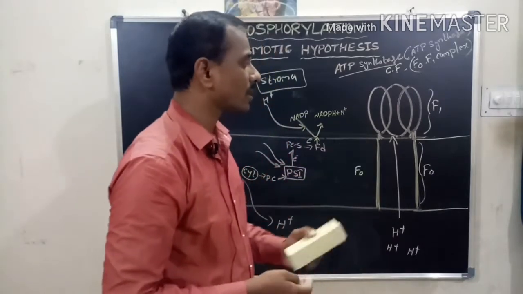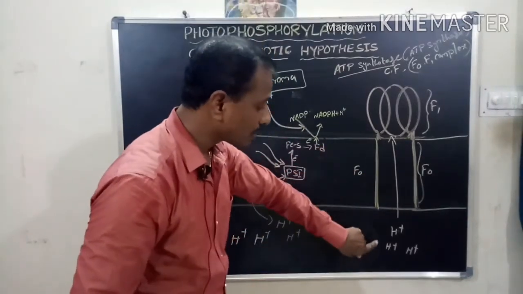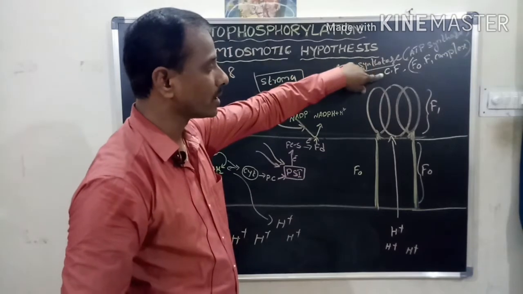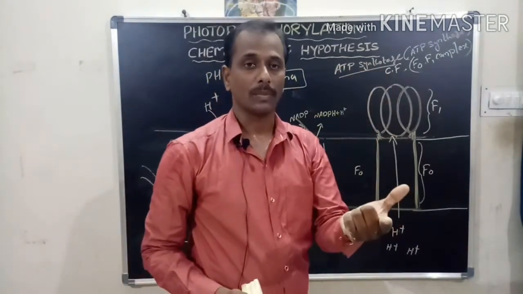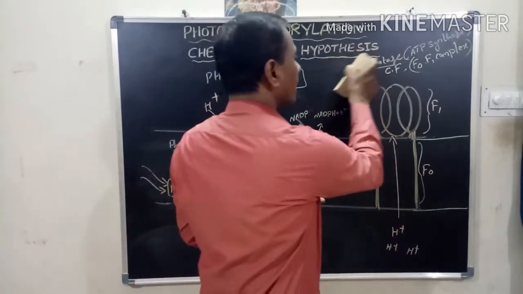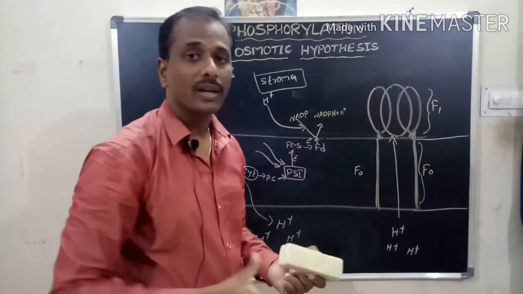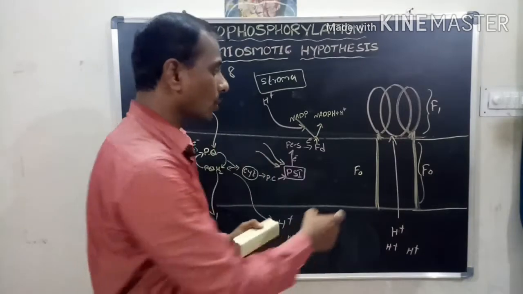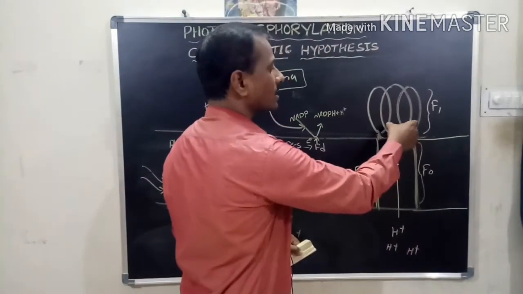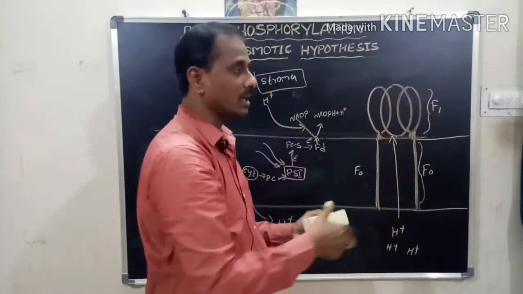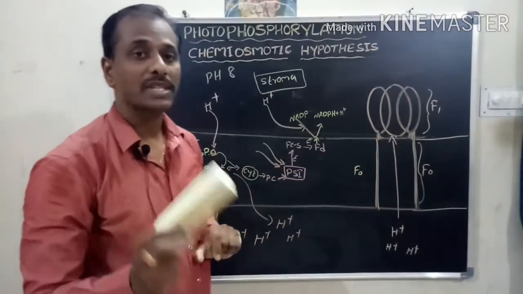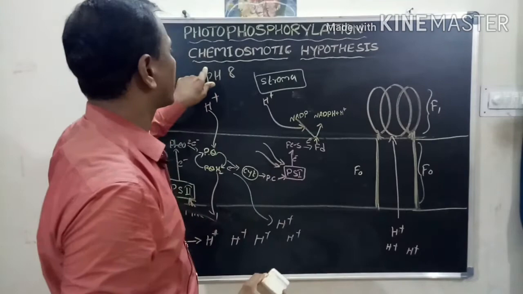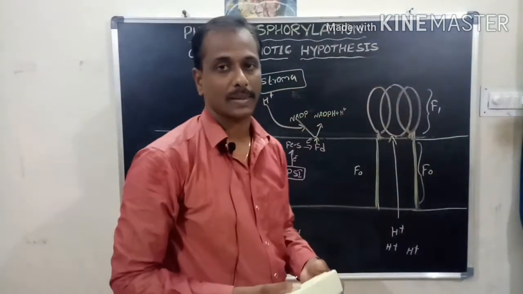Then what about the second part? When the H plus ions move through here toward the stroma, they release some energy. How do they release energy? The movement of H plus ions gives energy. This process is explained by a specific theory, the chemiosmotic hypothesis.